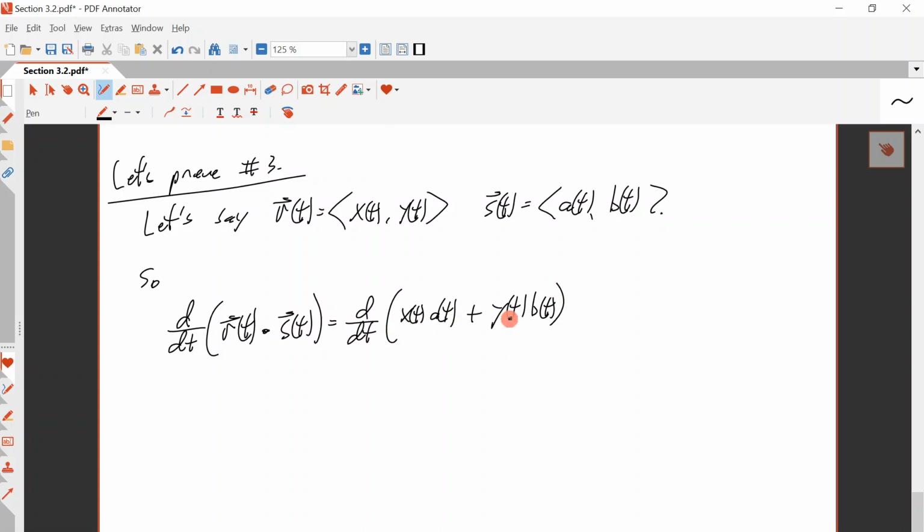And now in each term of this sum, we apply the product rule for ordinary real variable functions. x prime(t) a(t) plus x(t) a prime(t). Let's go down the line.